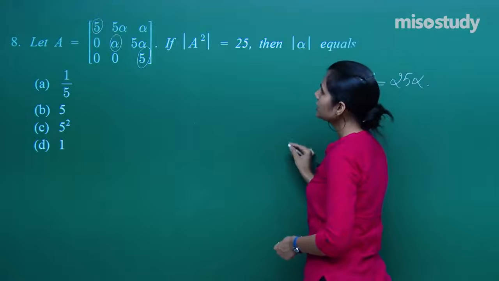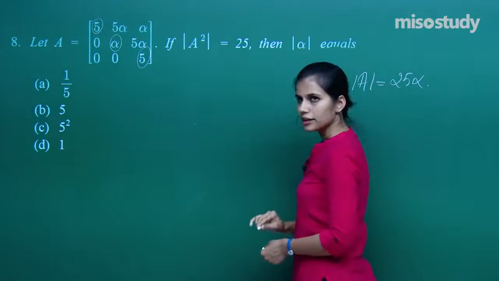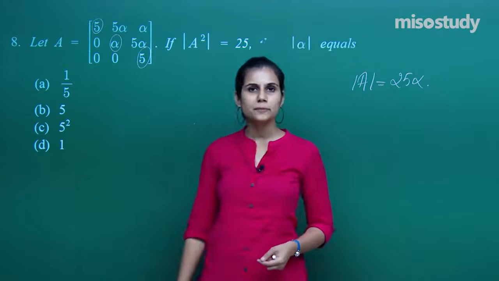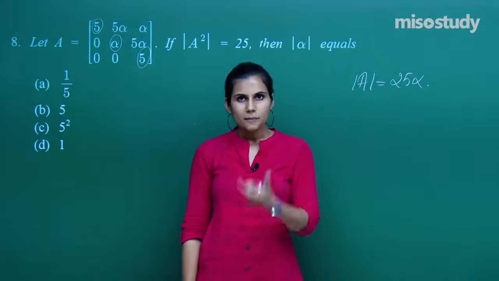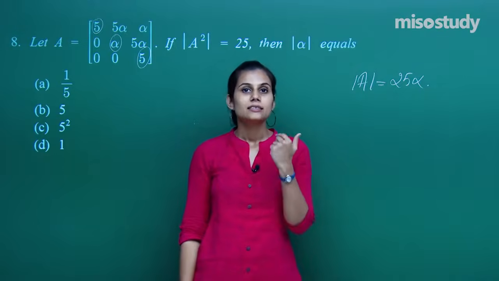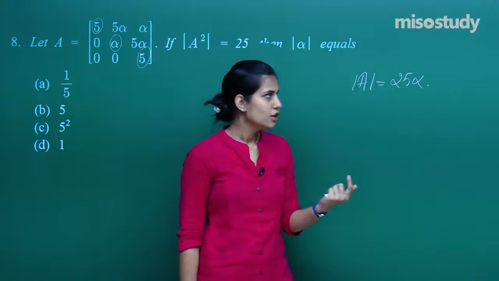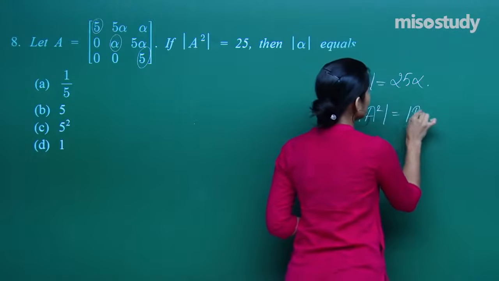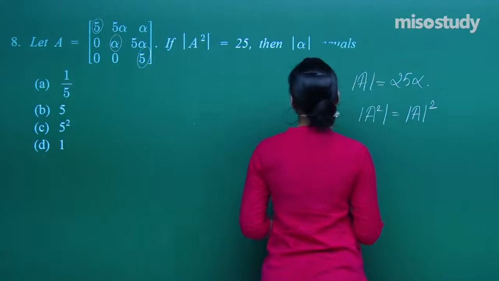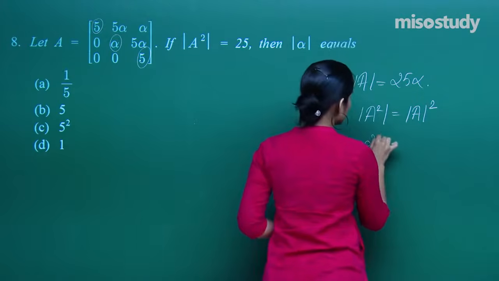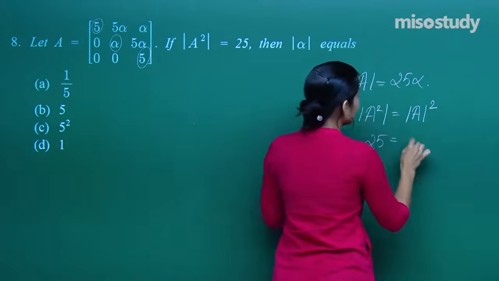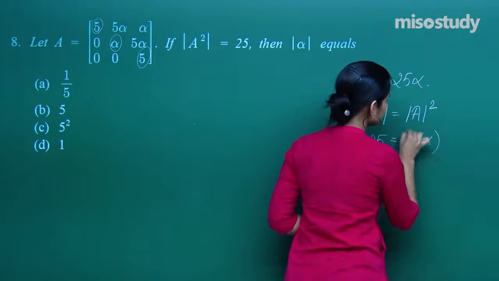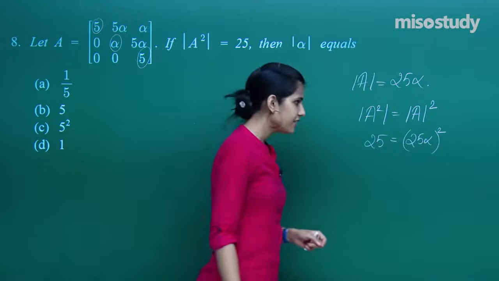It is given that determinant of A square is 25. You should know that if A is a square matrix of order n, then determinant of A to the power n is determinant of A whole to the power n. So basically determinant of A square is determinant of A whole square. Determinant of A square is 25, determinant of A is 25 alpha whole square.